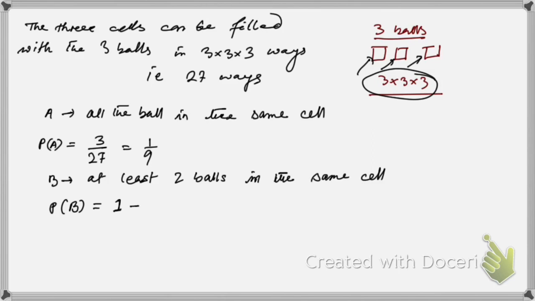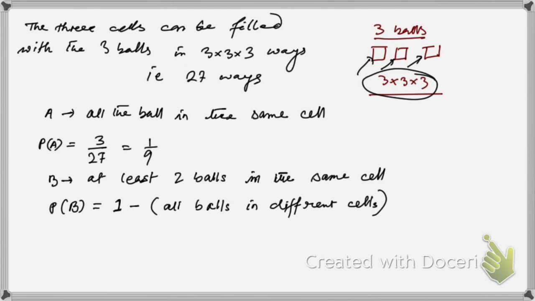In order to get at least 2 balls in the same cell, we have to subtract the probability of all balls in different cells, right?